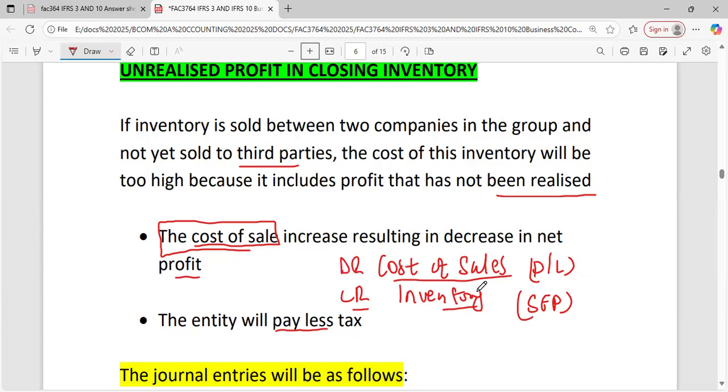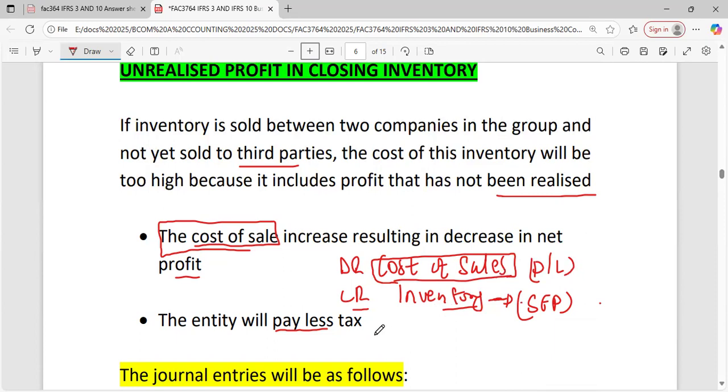If the question says to do the consolidated statement of profit and loss and statement of financial position, this journal means you are going to increase the cost of sale by the unrealized profit. Then, when you go to the statement of financial position, you are going to minus the inventory by the unrealized profit. That's basically what happens here.